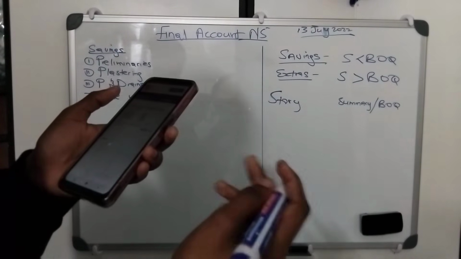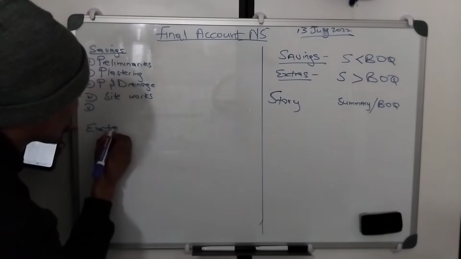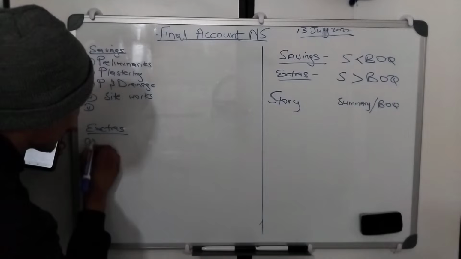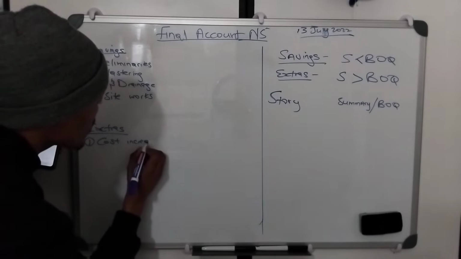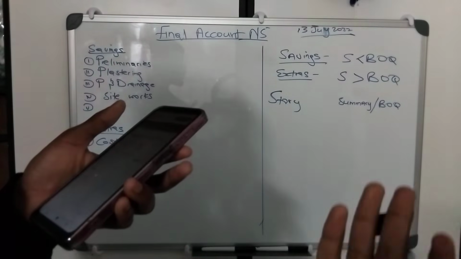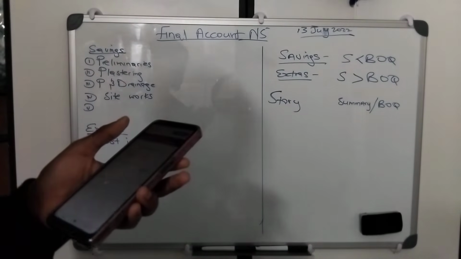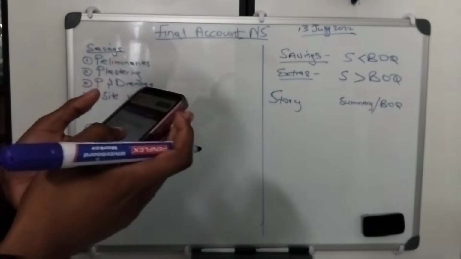Let's skip cost increase, because cost increase belongs to extras, right? Even on the others, they have net variations, and net variations also belong to extras, right? Then we check tiling.